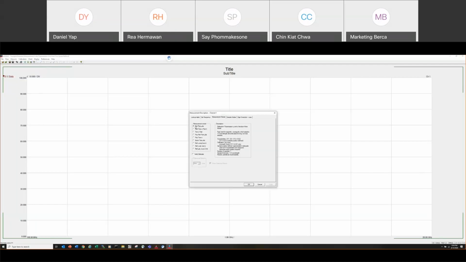The software gives you mu and epsilon, and also gives you sample thickness suggestions.